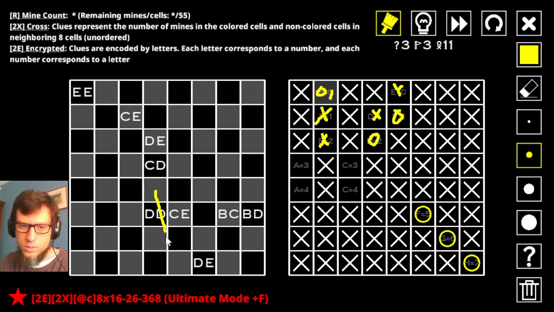Which means at least one of these is... hold on. Wait, why did I assume... Oh, yeah, because it's both colors. But E is 1 in this case? Wait, this is DE. That's 2, 1.